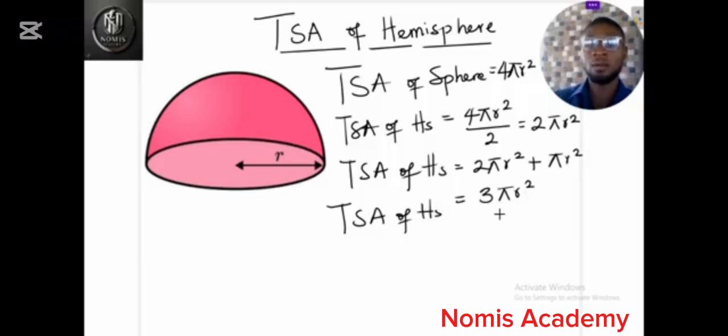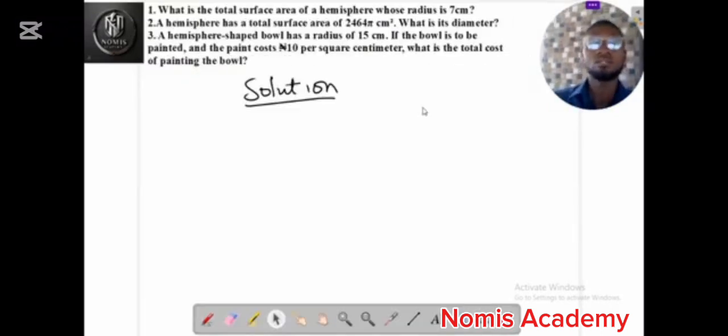Now let us use this formula to answer few questions. So let's take them one after the other. What is the total surface area of a hemisphere whose radius is 7 centimeters?